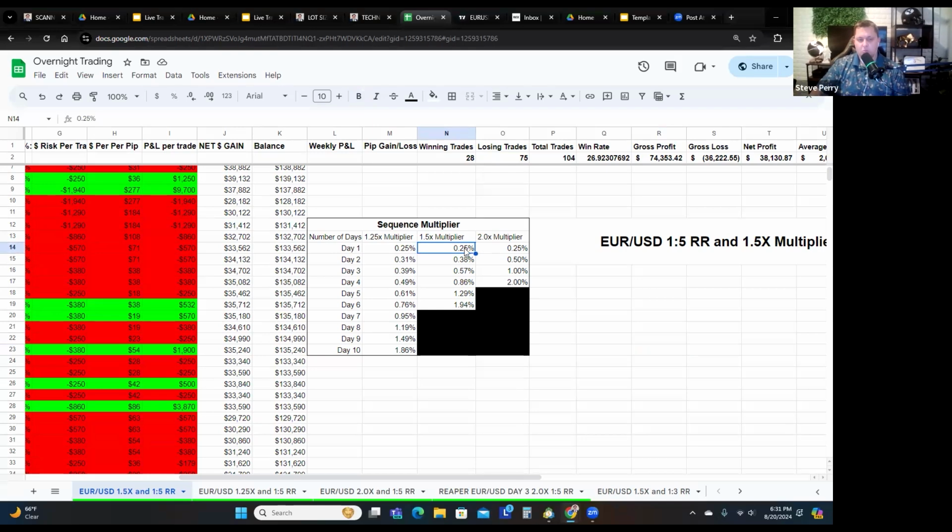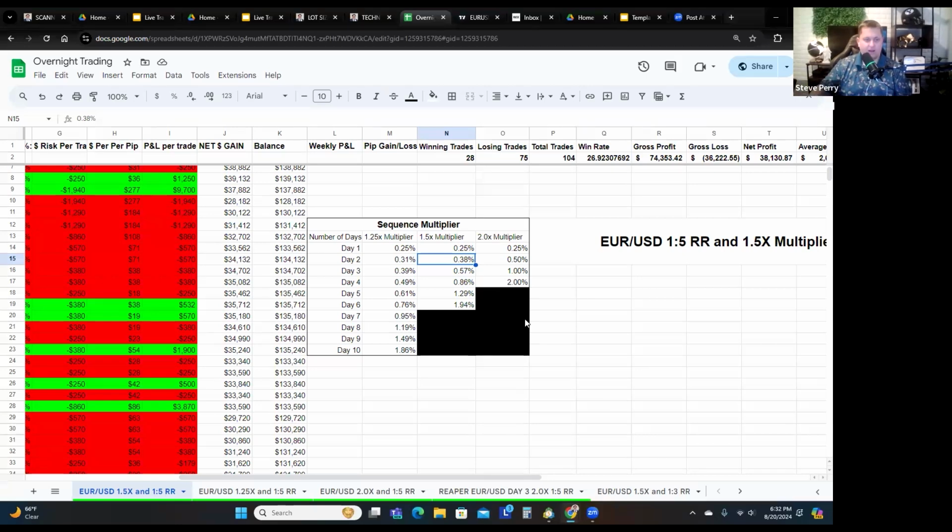I start with a 0.25% risk the first night I take a trade. If that night loses, I log it in my journal as a loss. And then the next night I come back, I take the exact same trade again, but now with a slightly larger lot size, which would be 0.38%. If that trade loses, I journalize that in my journal.